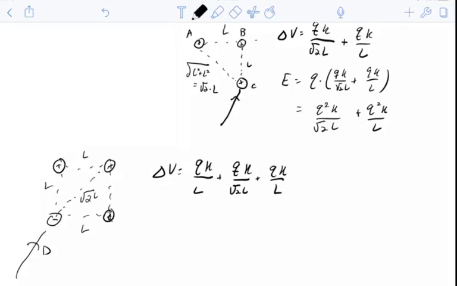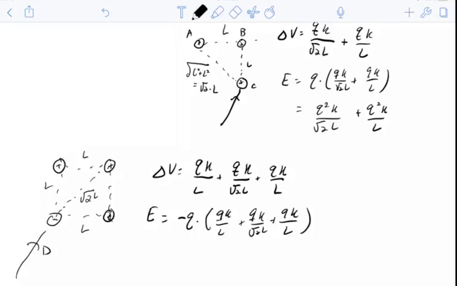And so the energy required to bring this one in place is going to be minus Q times QK over L plus QK over square root 2L plus QK over L.